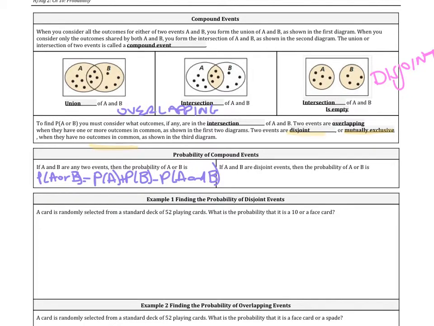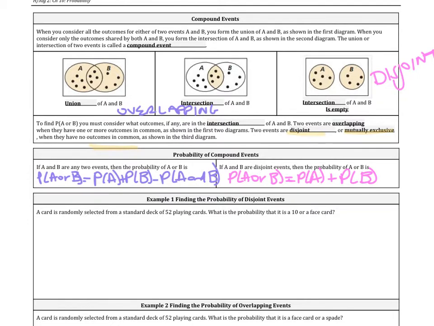If A and B are disjoint events, then the probability of A or B equals the probability of A plus the probability of B. And that should make sense, because we don't have to subtract out what they have in common, since they don't have anything in common at all. Okay? So let's try these out.